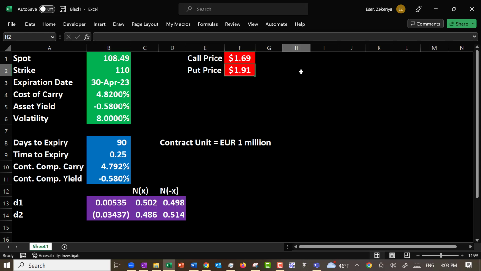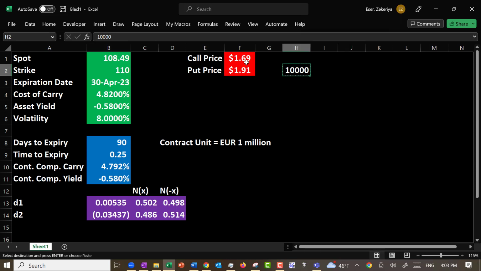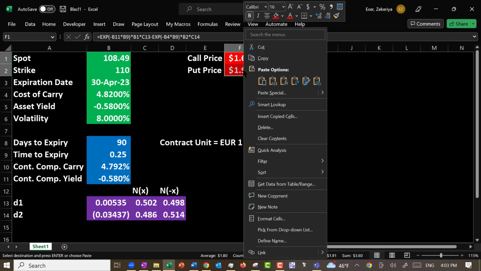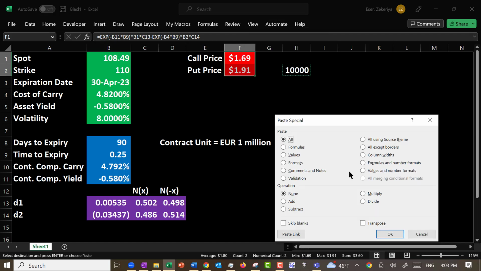In the meantime, I'll show you another trick. I'm kind of being lazy. I'm going to multiply two numbers, two formulas, by 10,000 at the same time, without actually writing the formula. Copy that number, select the ones that you're going to multiply, right click, go to paste special, hit multiply.